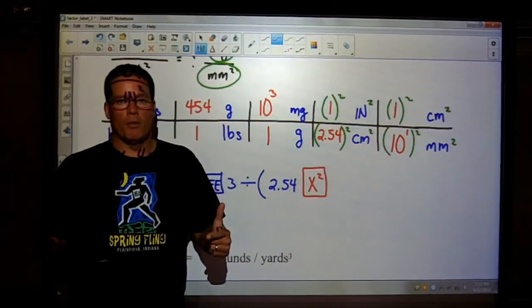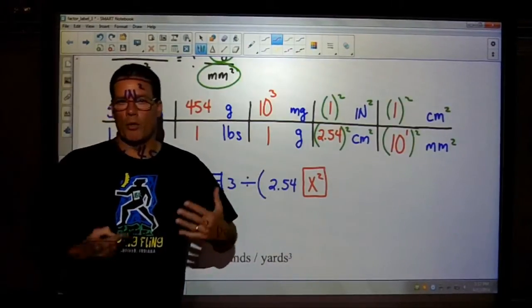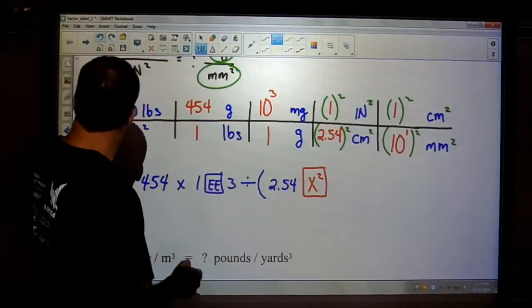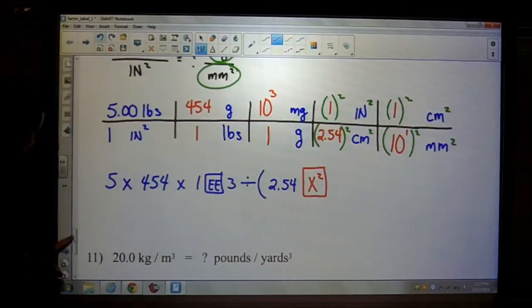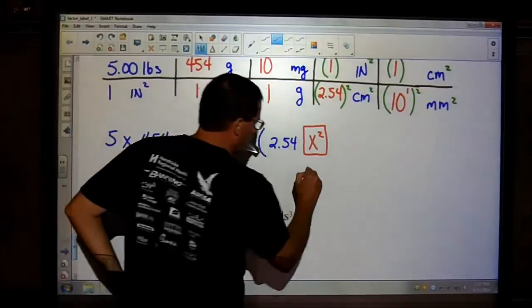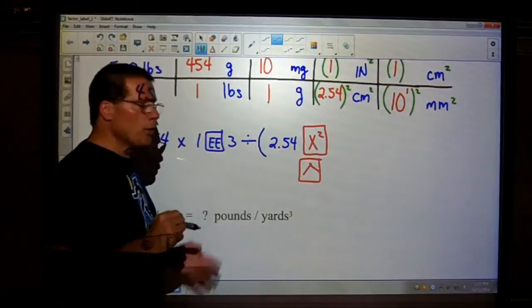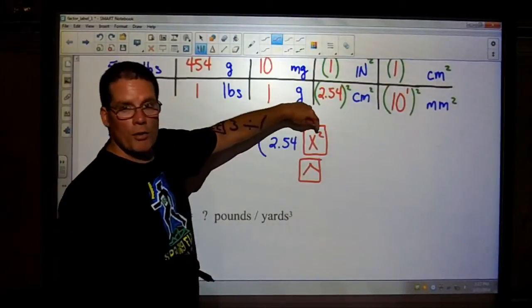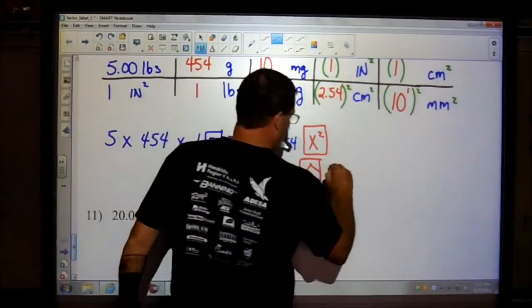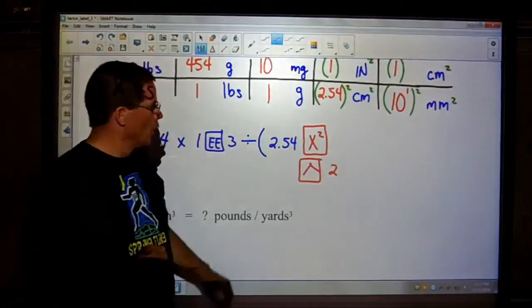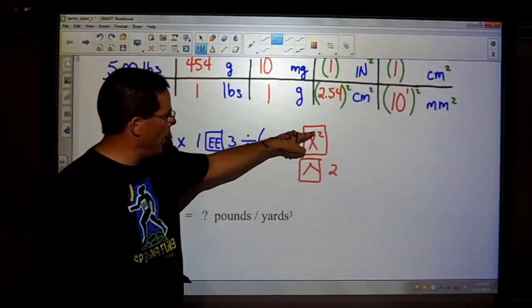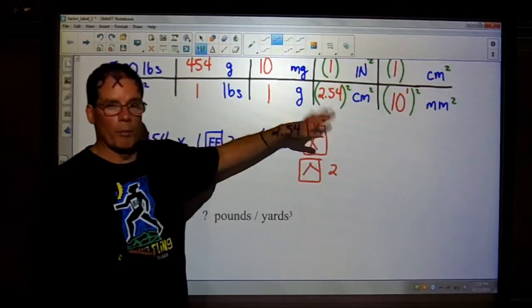So if you want to get into a good habit, use the caret button all the time, and a caret button actually looks like a rooftop. Looks something like this, or it looks like that. So that's a caret. If you can't find your square button, then do caret 2. All right. So these two represent the same path, but choose one of them. Don't do both.